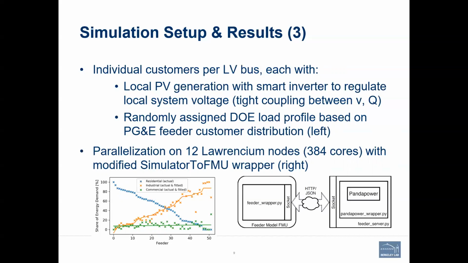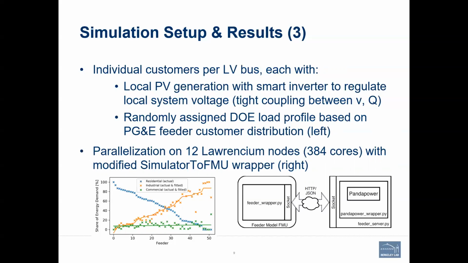So basically, it's reactive power, or Q, as a function of voltage. There is some saturation, which we set to 5% of the voltage, so it saturates at 95% and 105% to keep the voltage within those bounds. But there is a very tight coupling between Q and V. So that's one challenge here for the simulation setup.